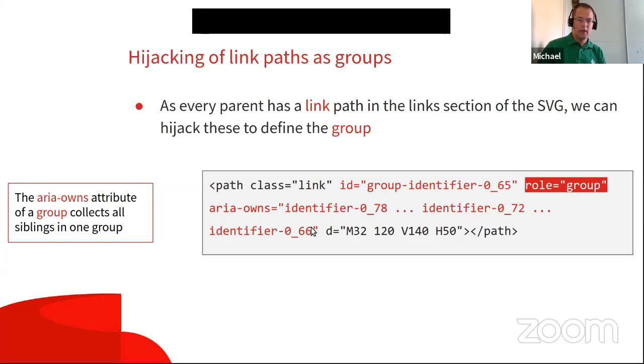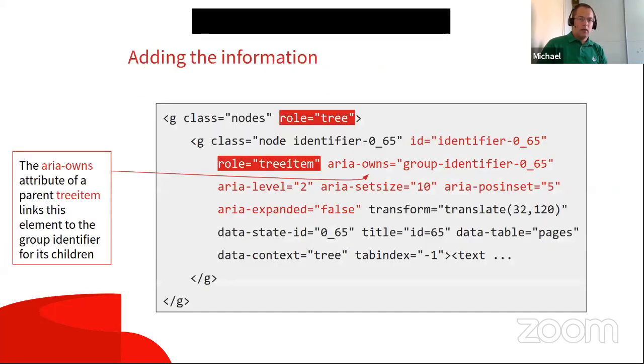So all the identifiers in here are the IDs of the siblings. And we need additional information on this tree item, so that every parent knows the group of its children. So with ARIA owns, we assign the group identifier of the link item that is a group.